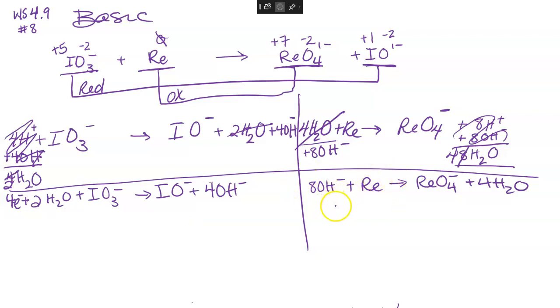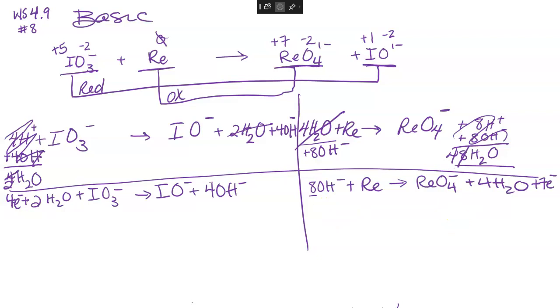This side, what's the total charge? -8. On the product side, -1, because there's only one of these negative charges and there's no charge here. So which side needs electrons? How many? Good so far?